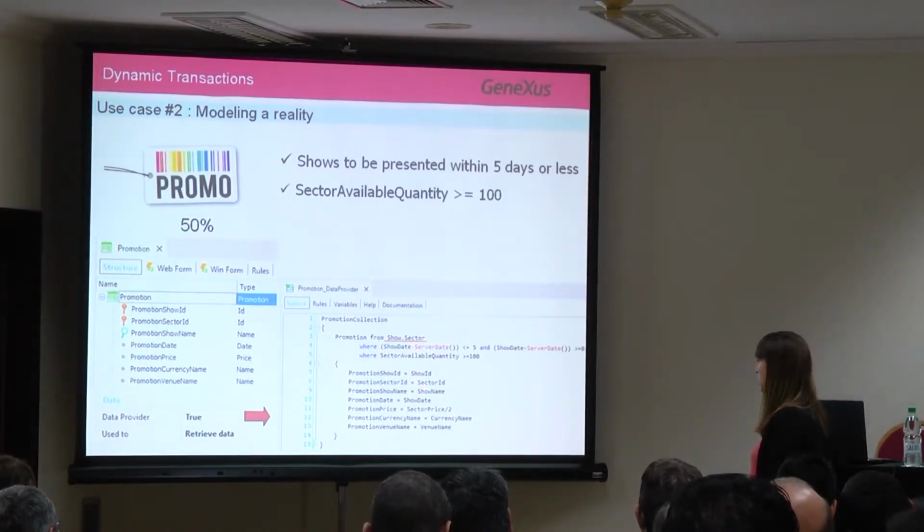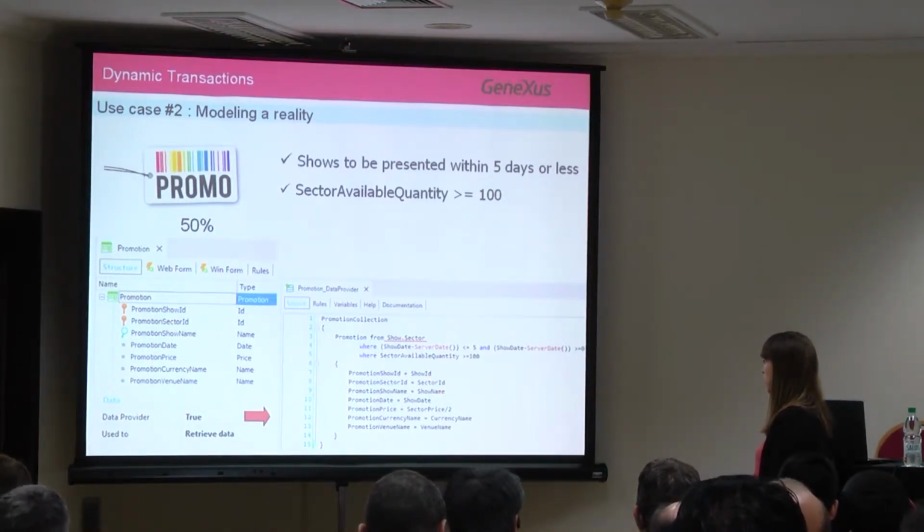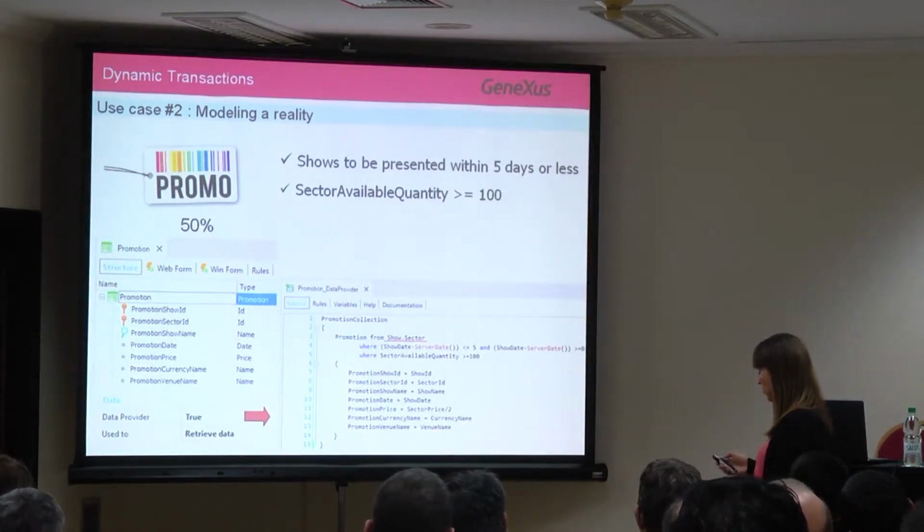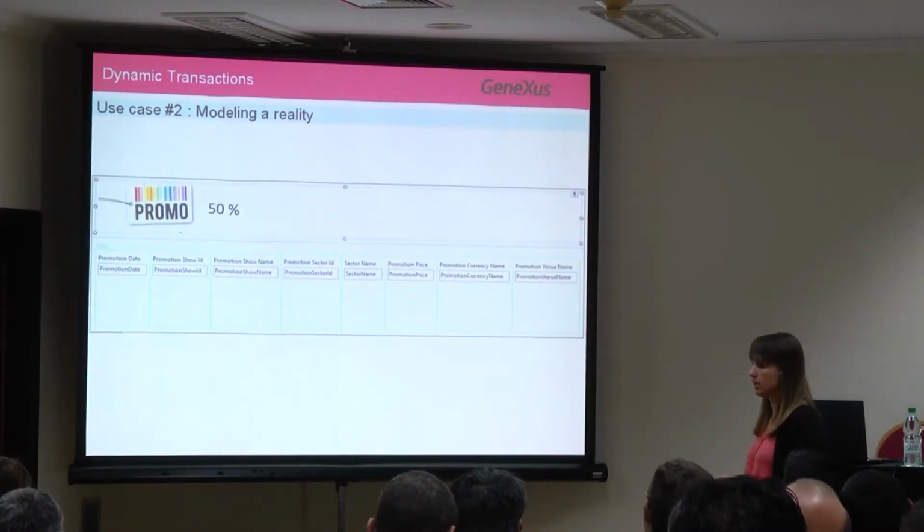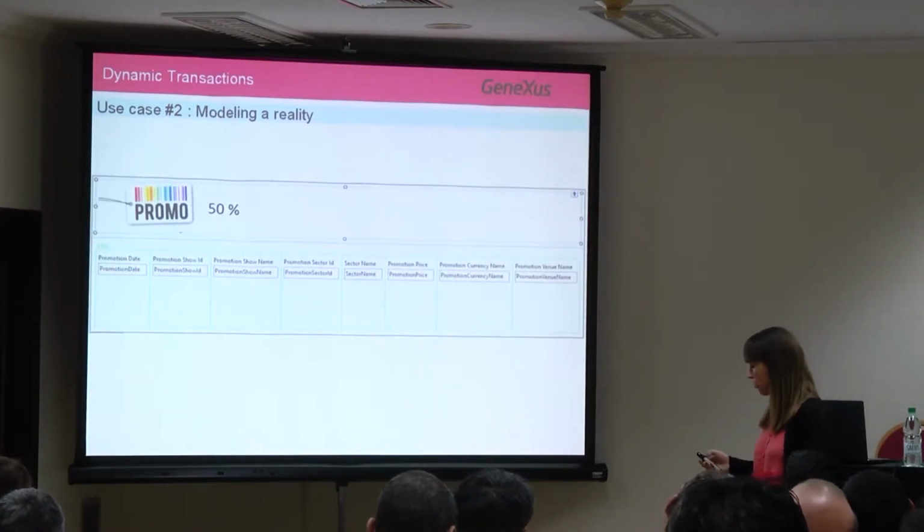So what I'm doing here is loading the sectors that are available within 5 days, and I retrieve the full key, the name of the show, the date. I'm taking advantage of the present promotion price, the currency, and the place where it's going to take place, the venue. So I can define a web panel.